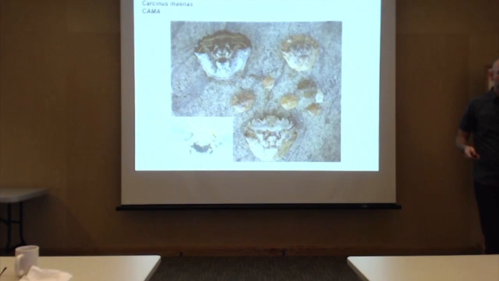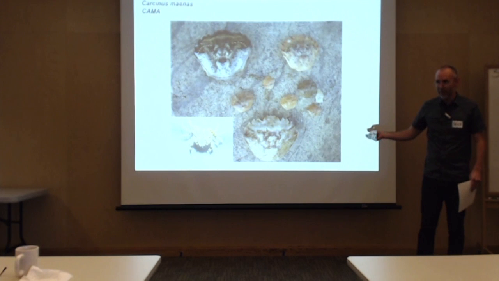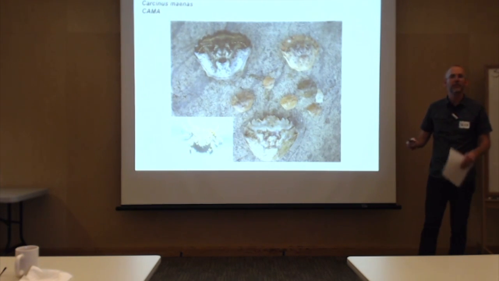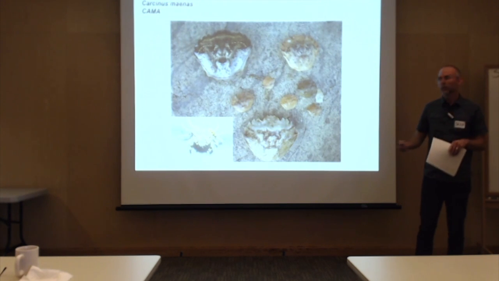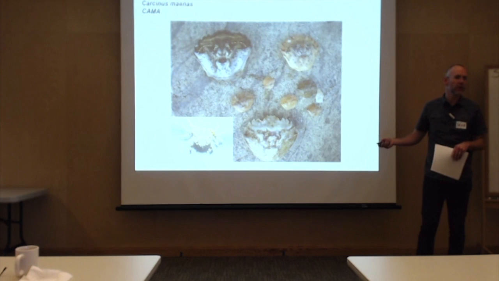Now, I said color is not a great indicator, and that's because as juveniles, they're not even green at all. Many of them are not at all green. In fact, in some habitats, especially habitats that have a lot of shell fragments, they have a color pattern that allows them to camouflage themselves quite well. So you wouldn't necessarily think of this as a green crab if you came across it.